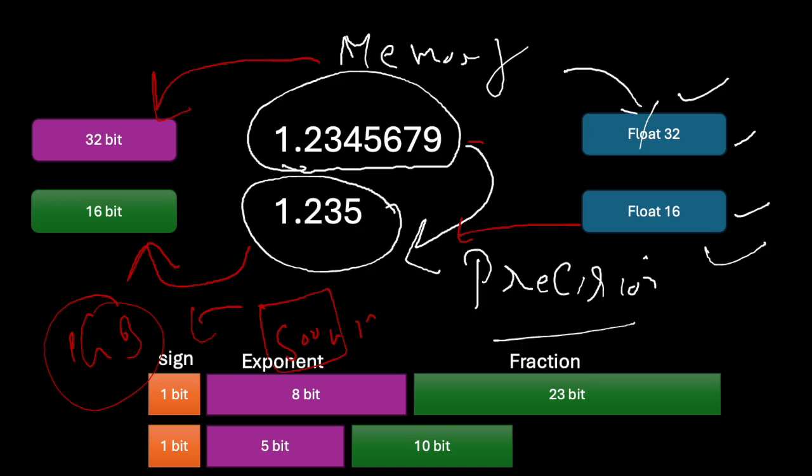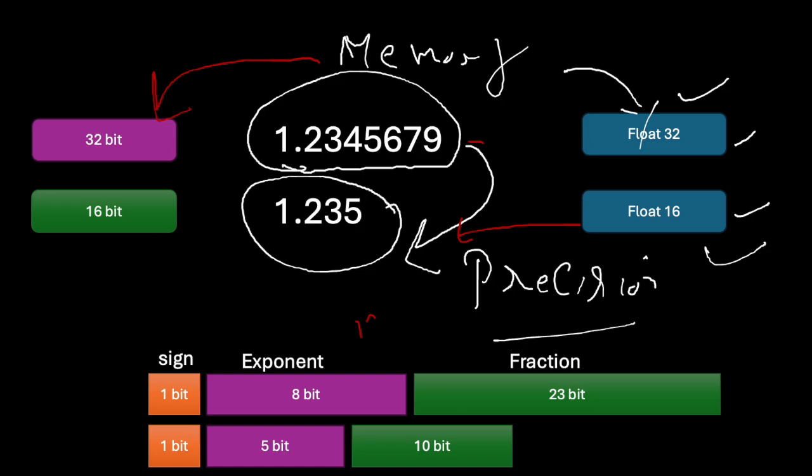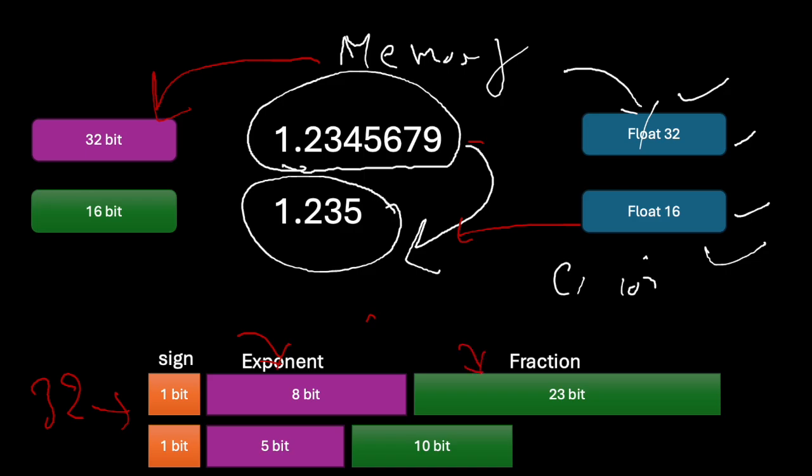Let me just delete this so that it does not mess up our view. All right. So here, if we are going to use 32 bit, the first bit will be for the sign, the remaining 8 bits will be for the exponent, and 23 bits will contain the fraction of that number.